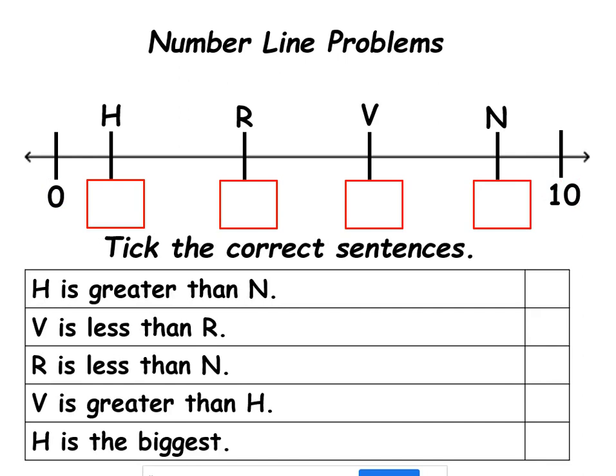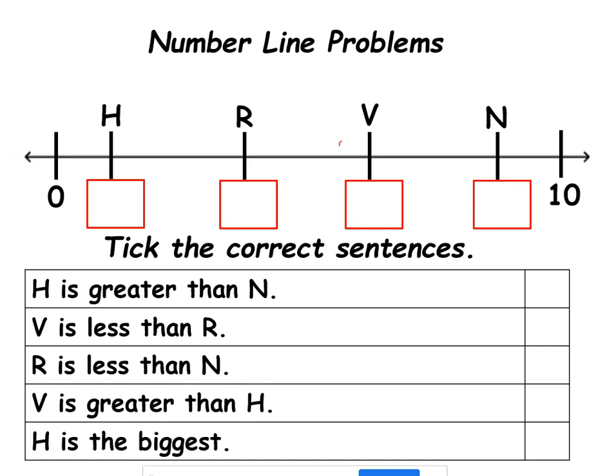So let's use this number line to solve these problems. Tick the correct sentence. H is greater than N. So just read every question and think about it. I'm giving you time. Pause the video and have a think. Is H greater than N?